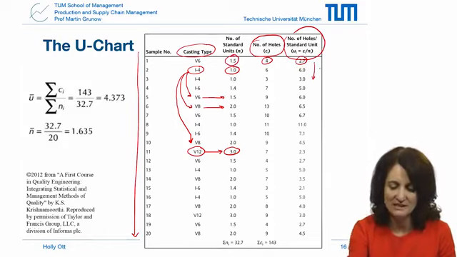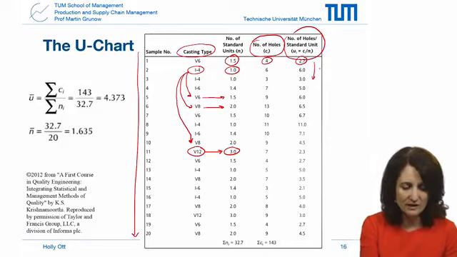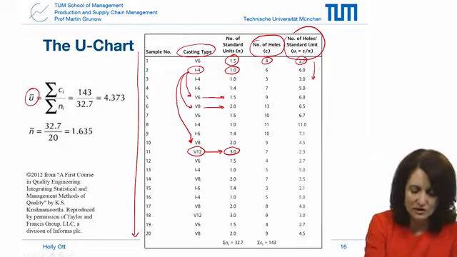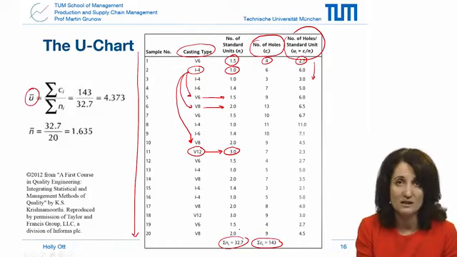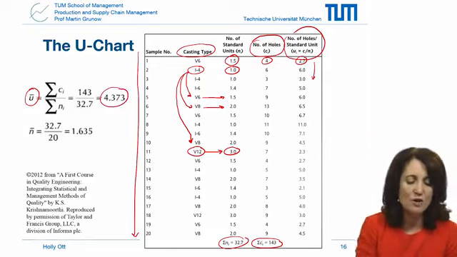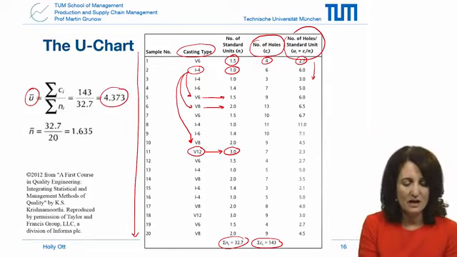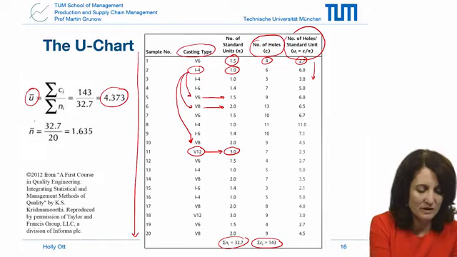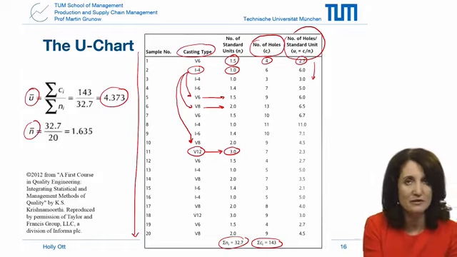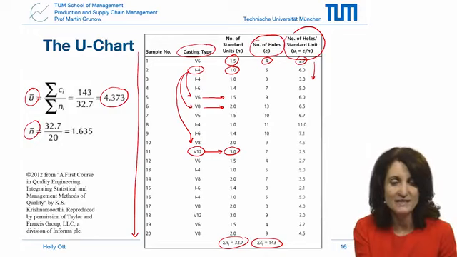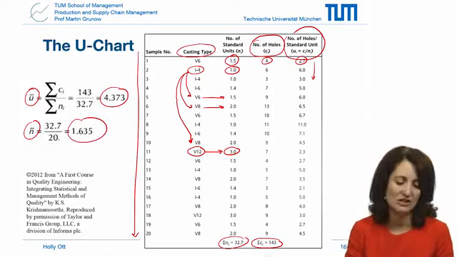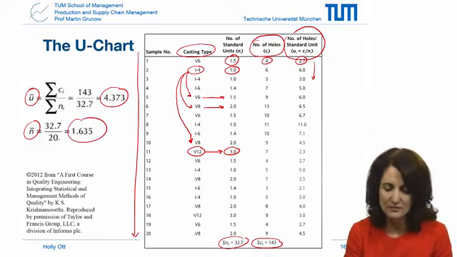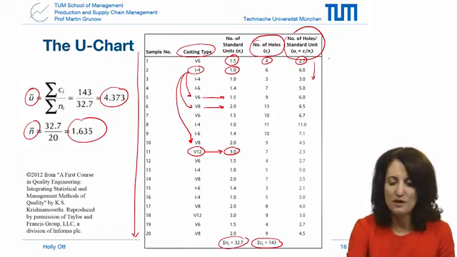So we have our statistic U. And what we can also calculate is our U bar, the average U, which is the sum of the number of holes divided by the sum of our standard sizes, and we get U bar equal to 4.373. We also have here, which we can also use later, an N bar value, the average number of standard units in our 20 samples, equal to 1.635.